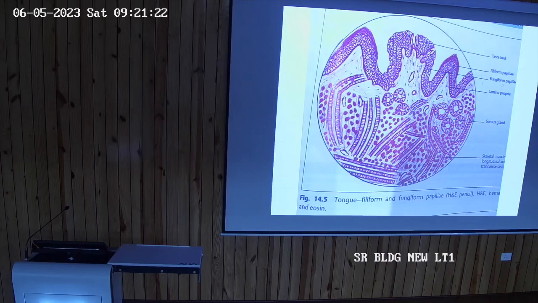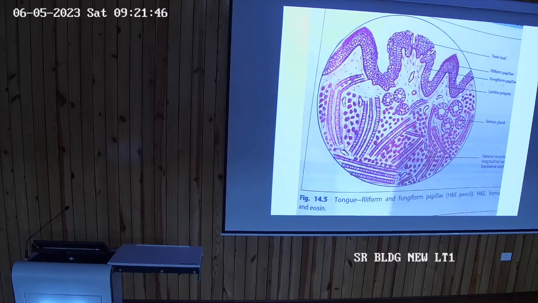Next point, we want to confirm what type of papillae are seen. In this diagram, two types of papillae are visible. This is the filiform papillae. Filiform papillae are conical in shape, taller in length. The epithelium is the same, only the difference is in the shape.